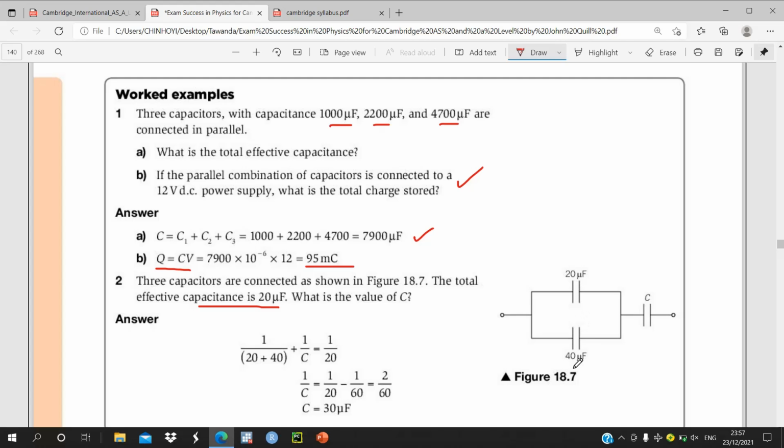We add here and here to be 60, but these two now are connected in series. It's like I'm saying the total for this is 60 microfarads, because they're in parallel. If they're in parallel, just add.